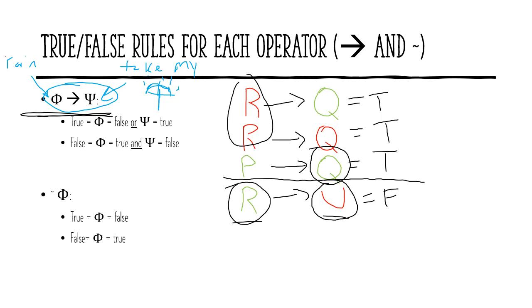So the sentence, I don't have any pennies, is true as long as I don't have pennies. If I do have pennies in my pocket, then that's obviously false.